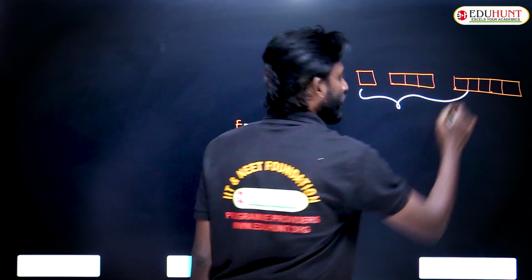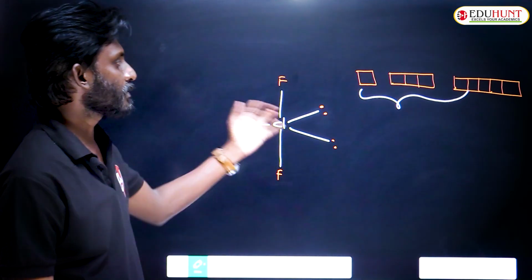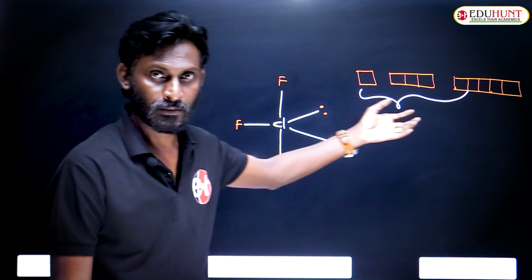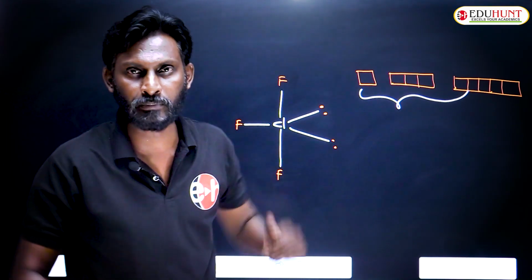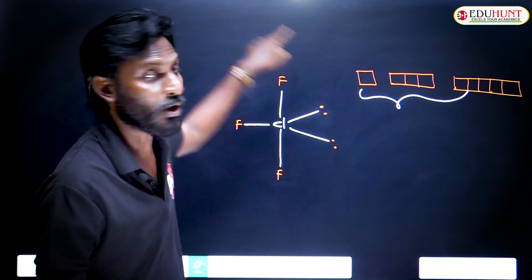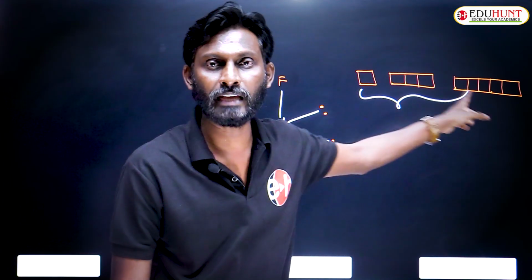But the point here is, it is not just a simple sp3d hybridization. If it were simple sp3d hybridization, all the corners should be the same, right? You know very well what happens in sp3d hybridization.